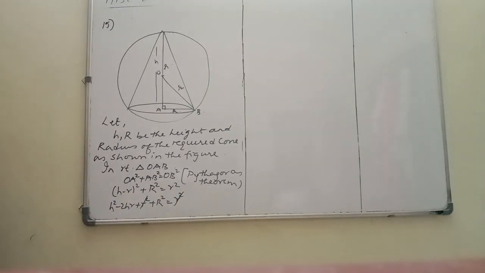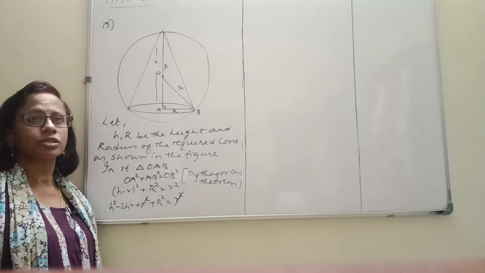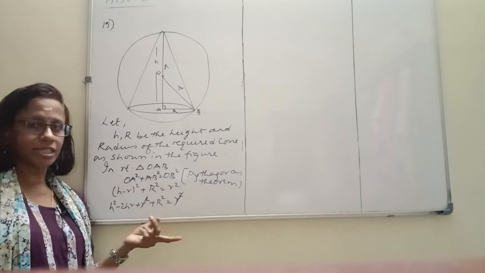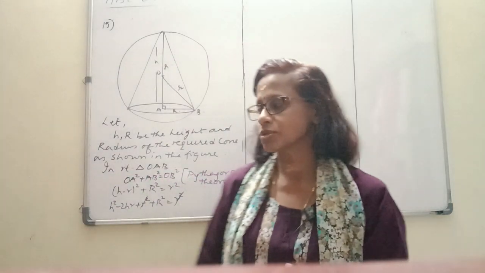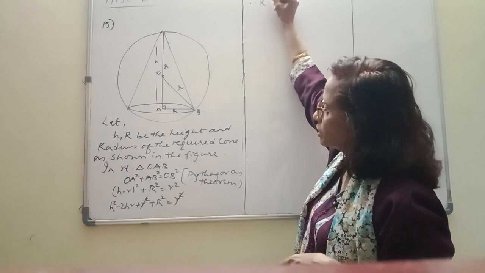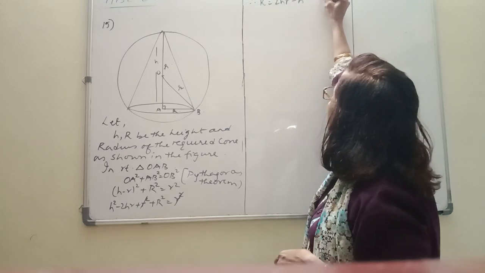Only these two can cut. Now we know that volume is going to be pi over 3 R squared h. You can easily substitute the R squared. So let's take these things to the other side so that the substitution will be comfortable for you.